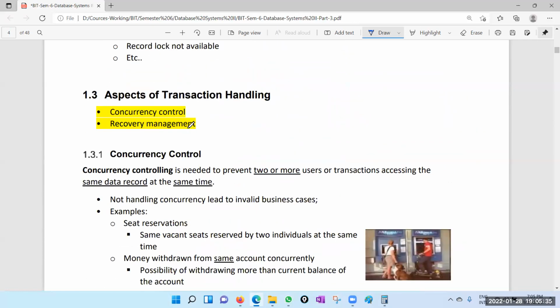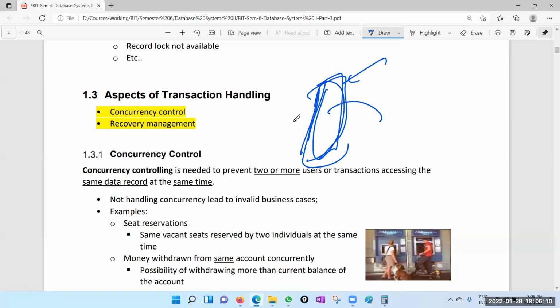This transaction handling is very complicated because many other aspects are connected to it. One thing is concurrency control. While you are working on a particular data set, another transaction can be working on the same data set, which makes handling even more complex. Maybe you are withdrawing money from your account, and someone else is trying to transfer money to your account, the same record.